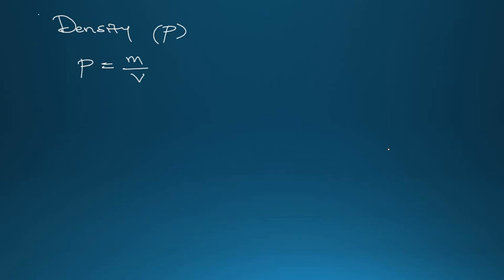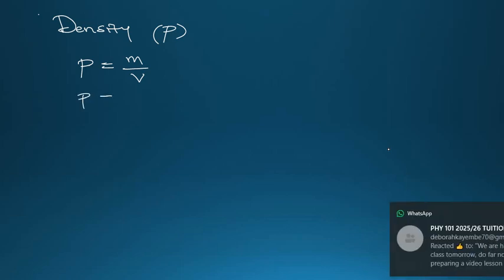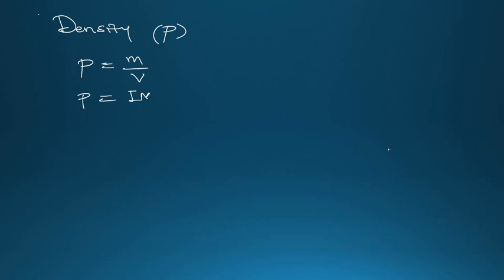What you need to know is this, okay? The dimensions of mass is capital letter M. This is what we are talking about. And the dimensions of volume is L to the power 3. You should take note, this is volume, not velocity.